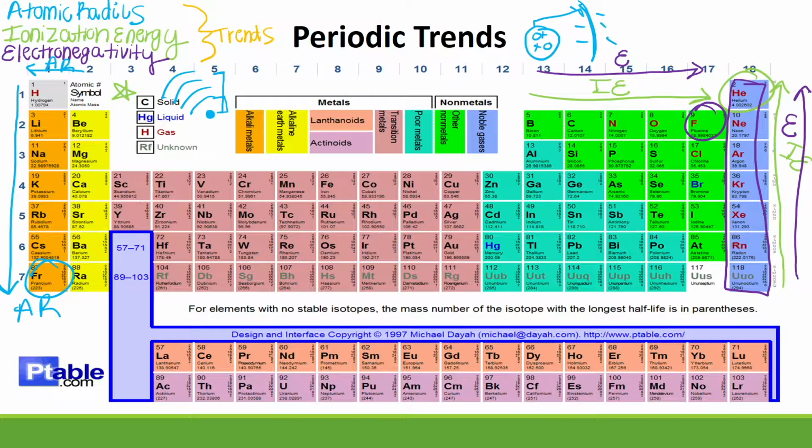Even though they have very high ionization energies, they will have no electronegativity. So the most electronegative element you see will be fluorine, with a 4.0 electronegativity, which is extremely high. And oxygen also has a very high electronegativity at 3.0.